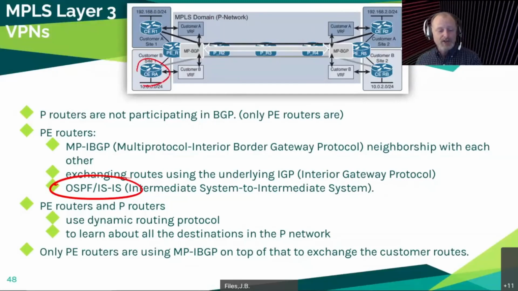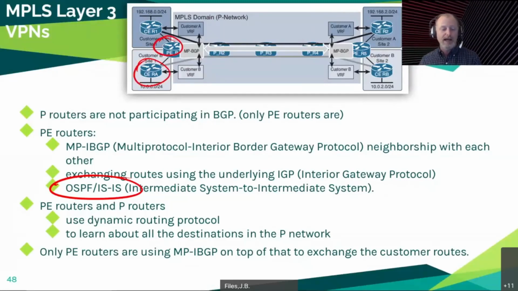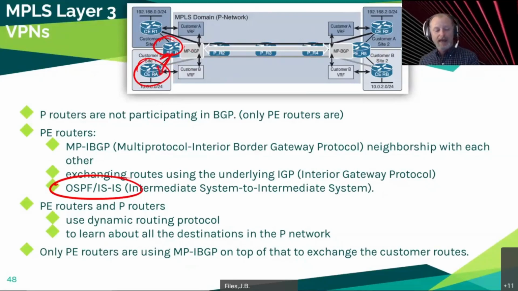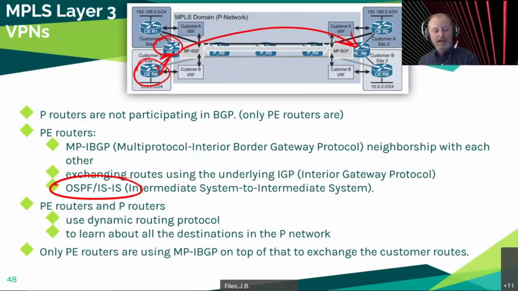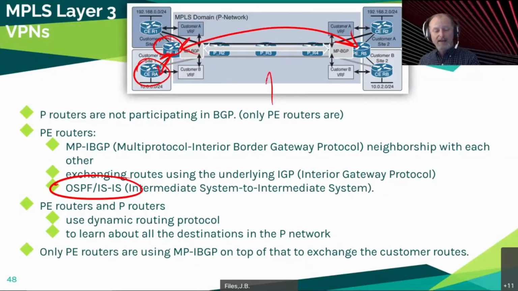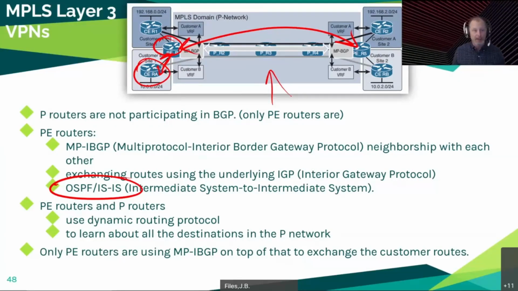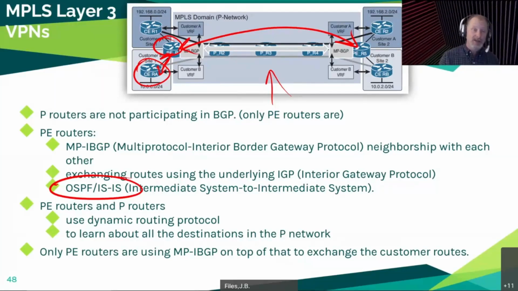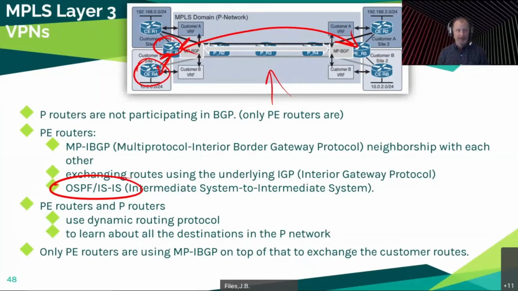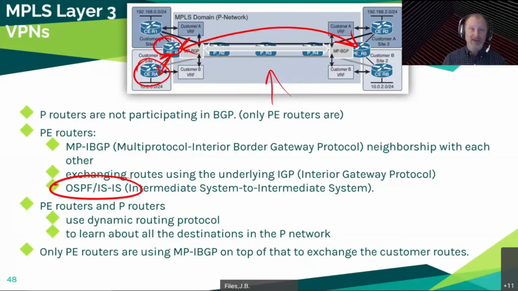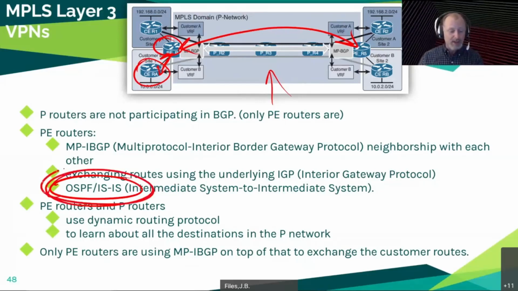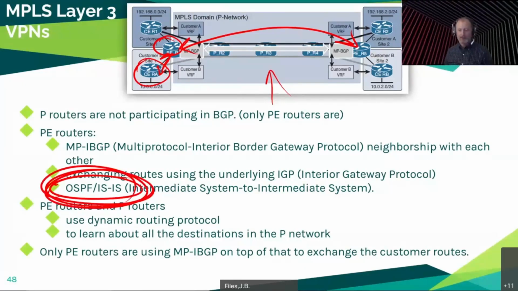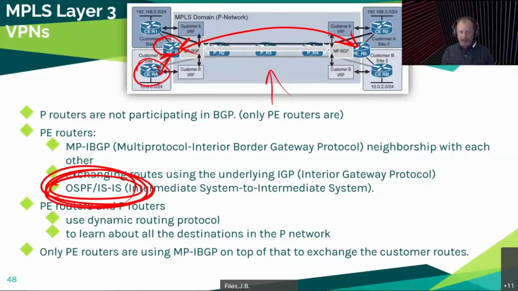The customers are exchanging routes with the provider edge network, and then that's going to exchange over here. Well, that leg of it is going to be done via iBGP. The iBGP packets are going to be carried across the network via MPLS. And those MPLS switched paths are going to be built based on the information shared here between all the PE routers and the P routers. Okay. Hopefully that kind of breaks it down.